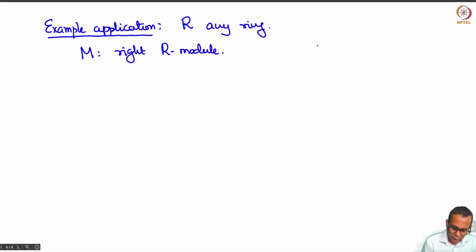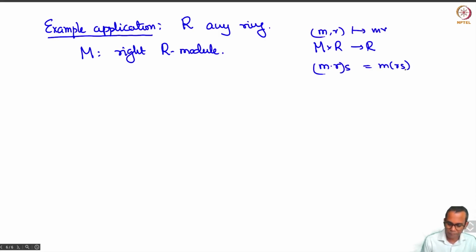That means there's a function from M cross R to M satisfying various conditions. This is usually denoted (m, r) goes to mr, and (mr)s is m(rs), among other conditions.